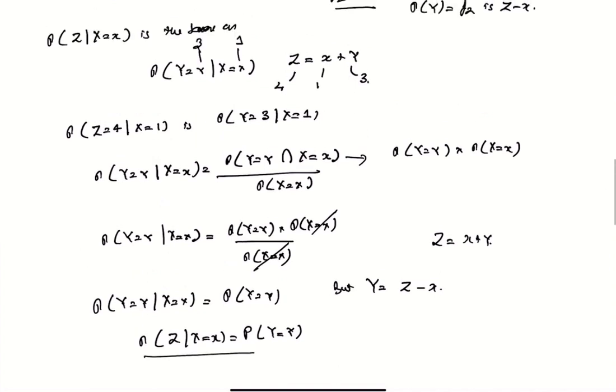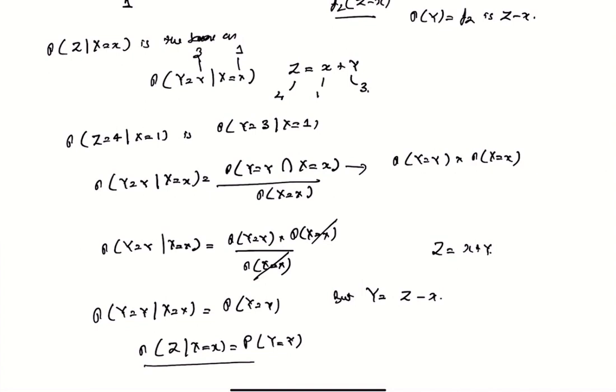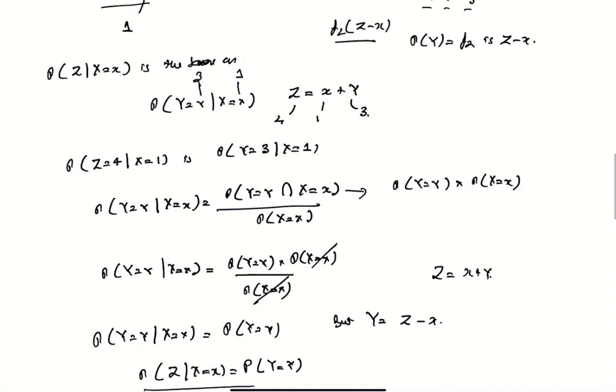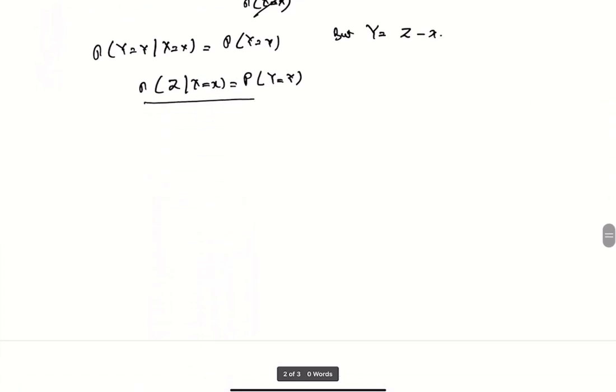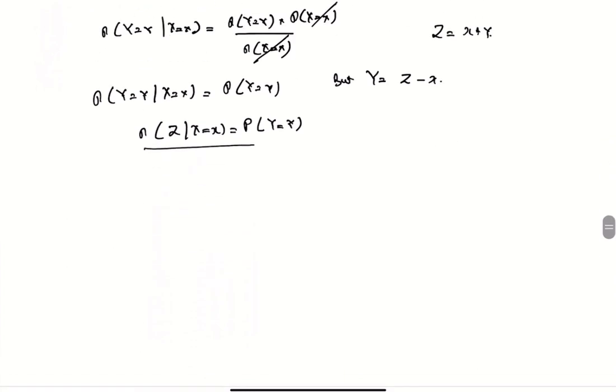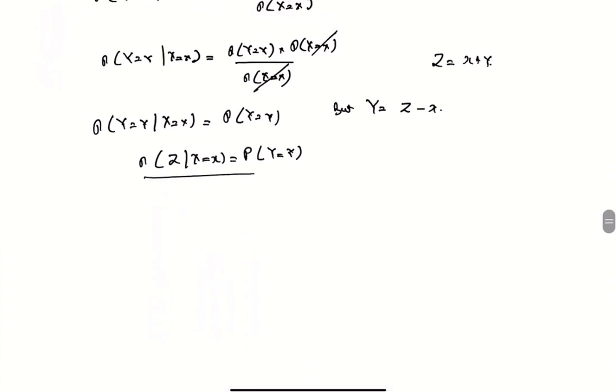Because we have already written this over here, that probability of Z given x is actually the same as here, so that is why we get to this statement here. Probability of Z given X is equal to x is probability Y is equal to little y, and probability of Z given X is equal to x becomes probability of Y is equal to z minus x, because that is the f2, which is basically f2 of z minus x.